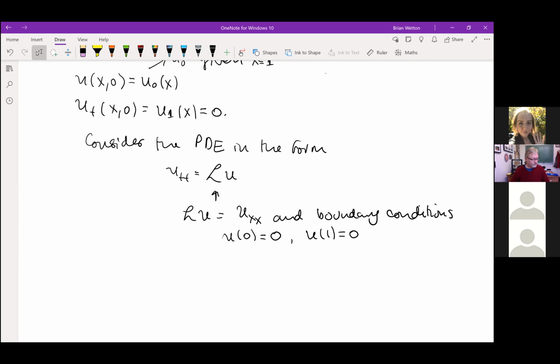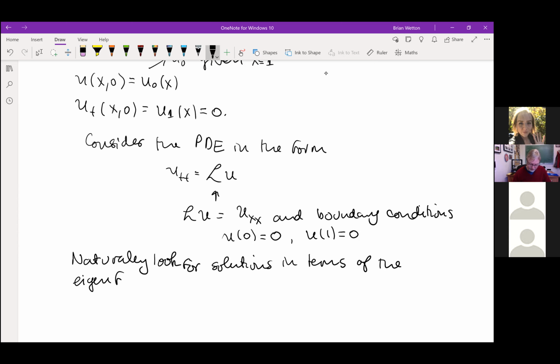Okay, and then we would naturally look for solutions in terms of the eigenfunctions of that boundary value operator.